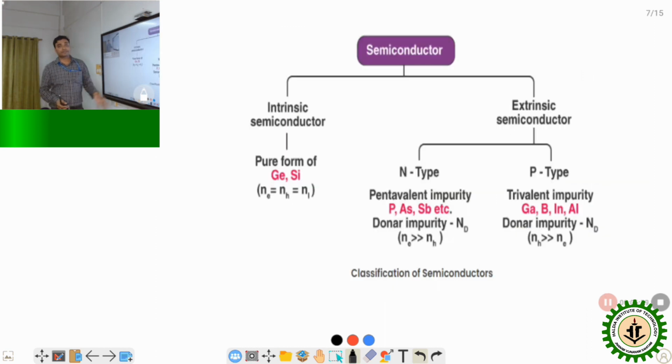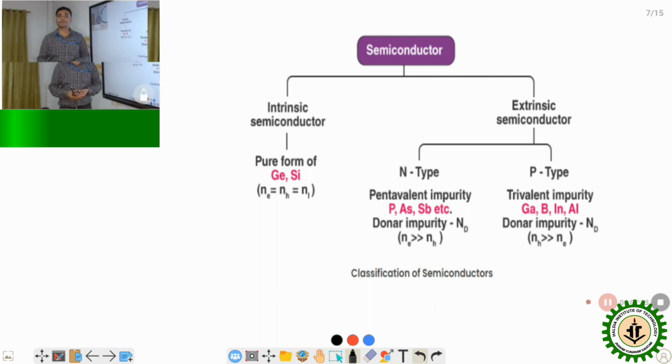Semiconductors are divided into two types on the basis of their doping. The first one is intrinsic semiconductor and the second one is extrinsic. Intrinsic is also known as pure semiconductor. Silicon and germanium are examples of pure semiconductors.